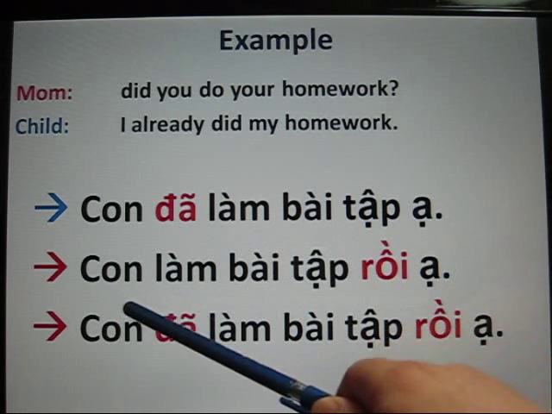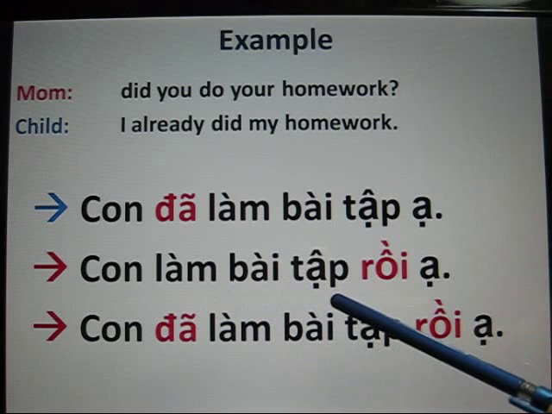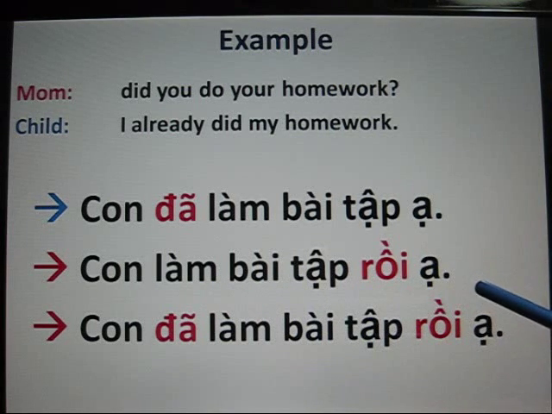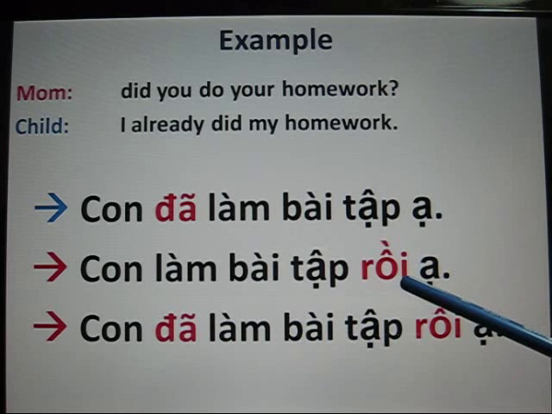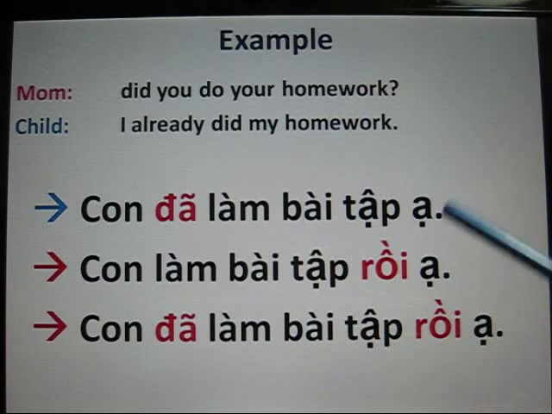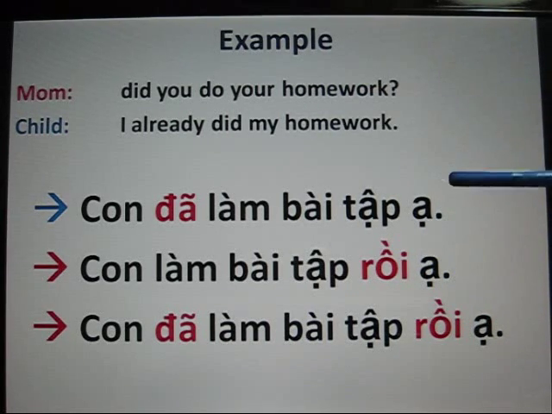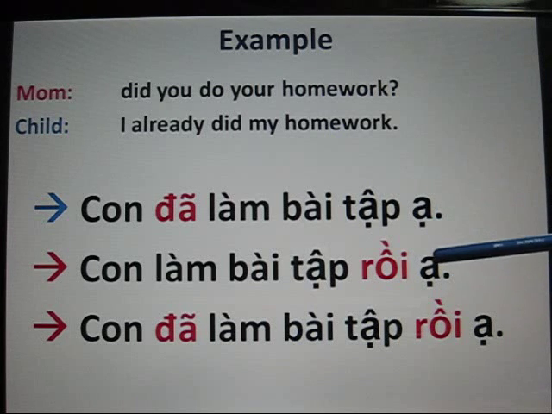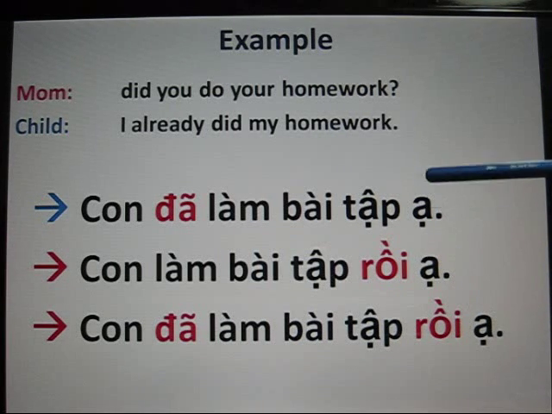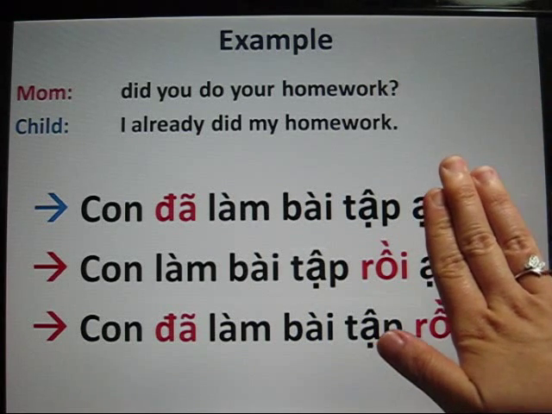And next one, con làm bài tập rồi ạ. Okay, at here we use rồi at the end of the sentence. We don't consider the politeness word as part of the sentence. So at here, just forget about this word.